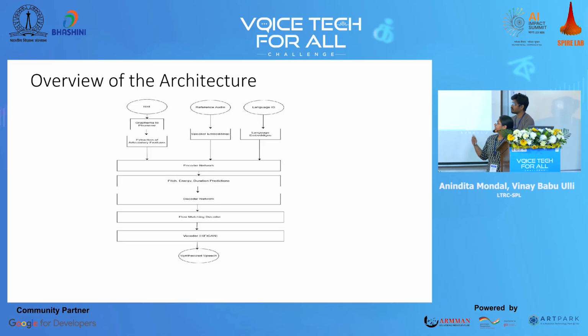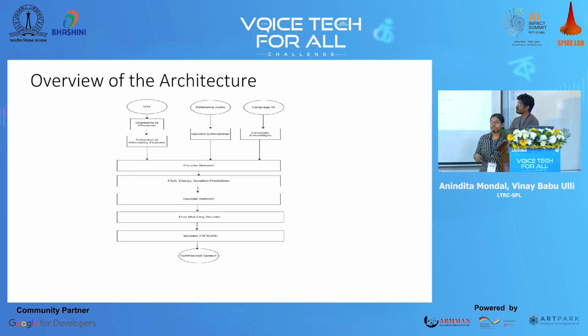The encoder output is next passed through a variance adapter, which predicts the pitch, energy, and duration of the phonemes, which is then converted to a MEL spectrogram using the decoder network. And the MEL spectrogram gets converted to speech using the HiFi-GAN vocoder.